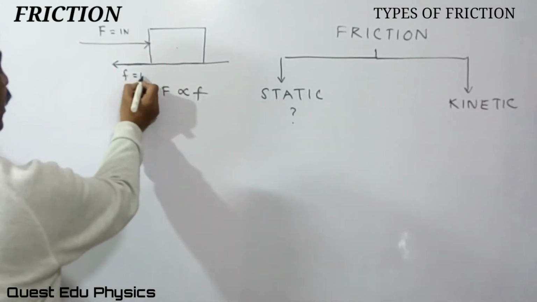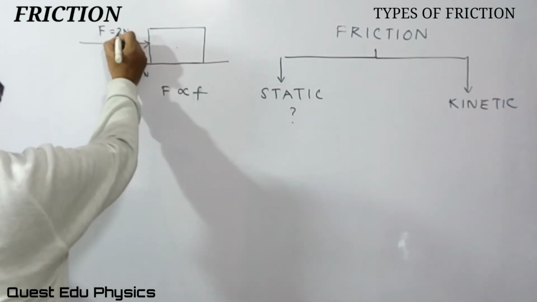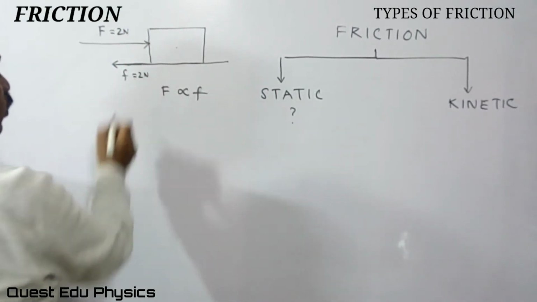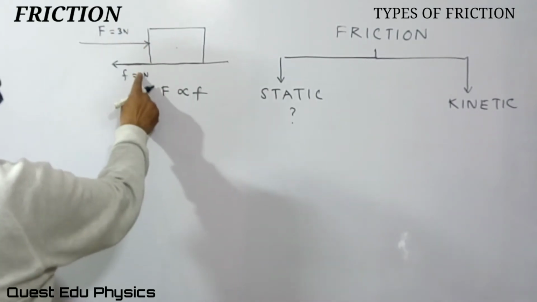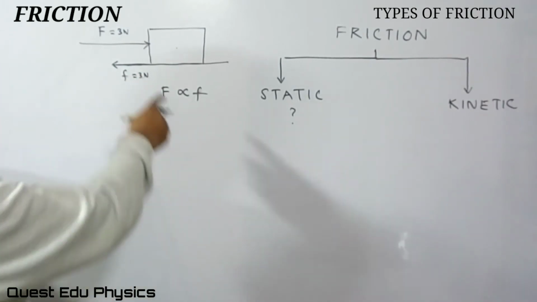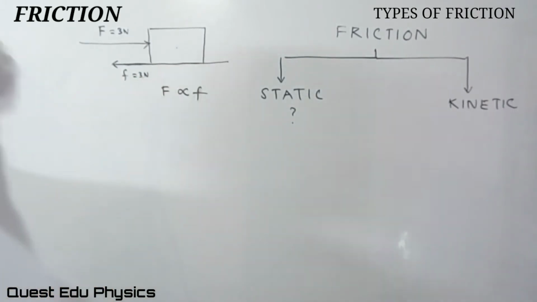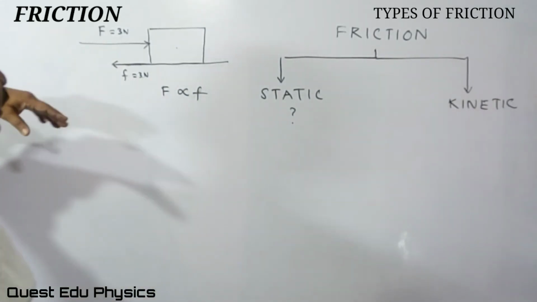Then a frictional force of 1 Newton develops. Then I change the force to 2 Newton and it turns to be 2 Newton. If I increase to 3 Newton, it becomes 3. In this way, this force adjusts by itself. That's why we said frictional force is the self-adjusting force.